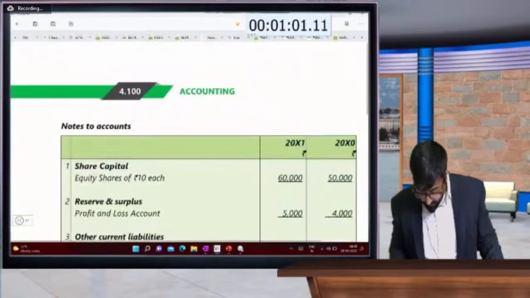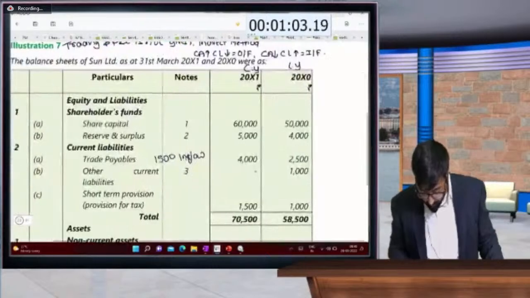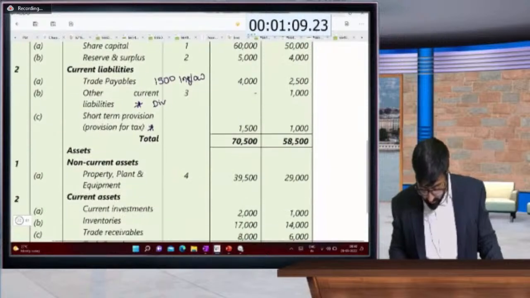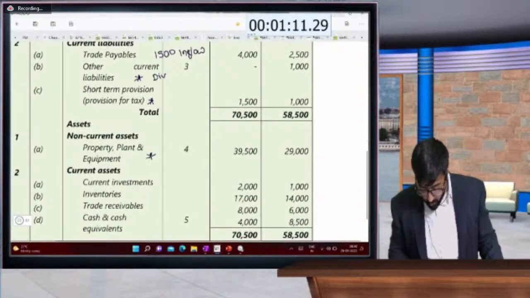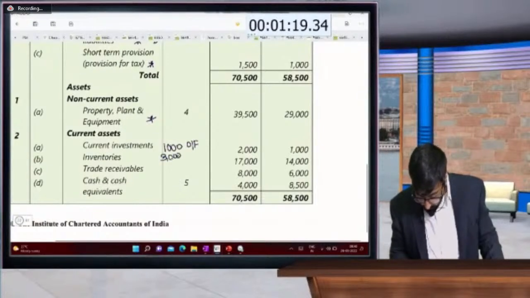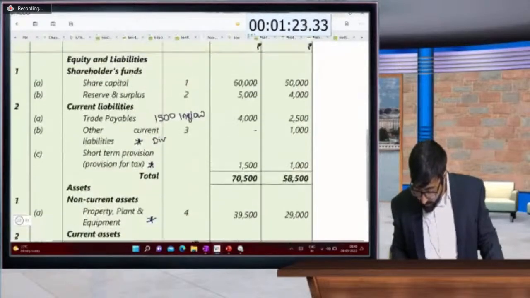Other current liabilities, dividend payable, open account, dividend account. Short-term provisions, open account. Property, plant and equipment, open account. Current investment, 1000 increase, outflow. Inventory, 3000 increase, outflow. Trade receivable, 6000 became 8000, outflow.